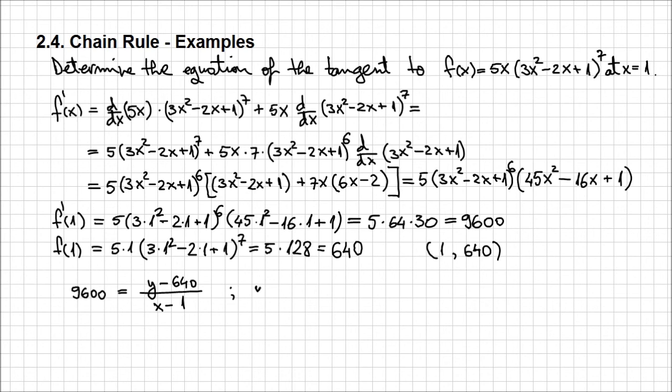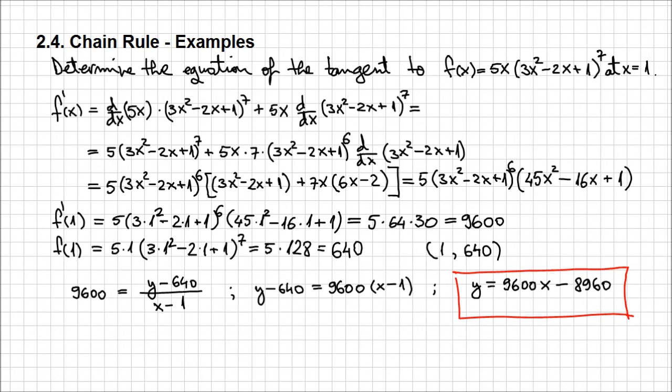Let's reorganize this expression to isolate y on the left. We have y minus 640 equals 9600 times (x minus 1). Keeping only y on the left side, y equals 9600x minus, after we move the minus 640 to the right side, changing the sign, 8960. And this is the equation of the tangent to f of x when x equals 1.